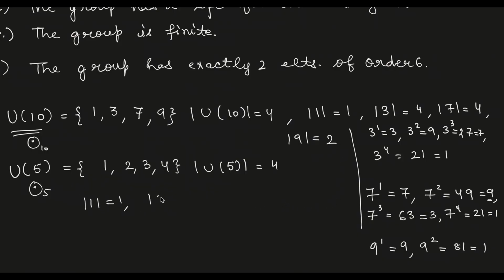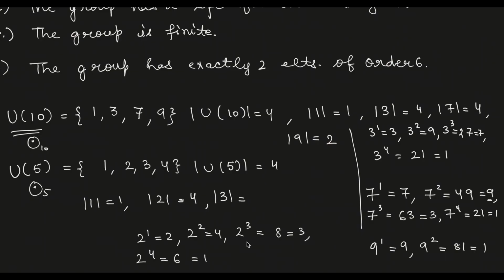1. Order of 2 in U5 will be: 2 square is 4, then 2 cube is 8, which is 3, and 2 to the power 4 is 6, which is 1. So the order is 4.